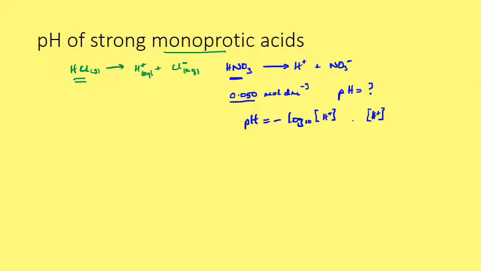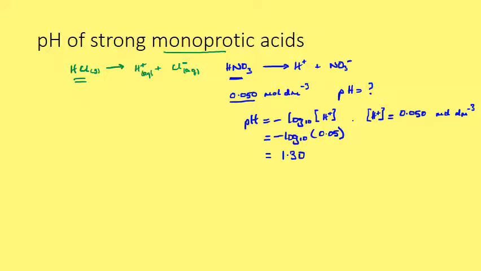So we can say that the hydrogen ion concentration is also 0.050 moles per decimeter cubed. So the pH of the nitric acid is minus log to the base 10 of 0.05. And when we feed that into our calculator, we come out with an answer of 1.30 as the pH.